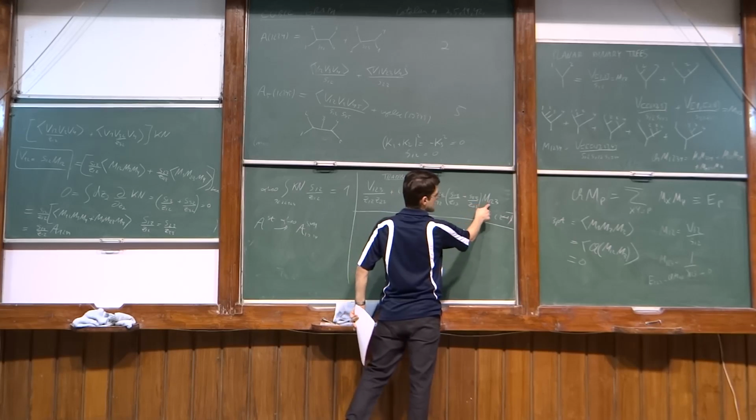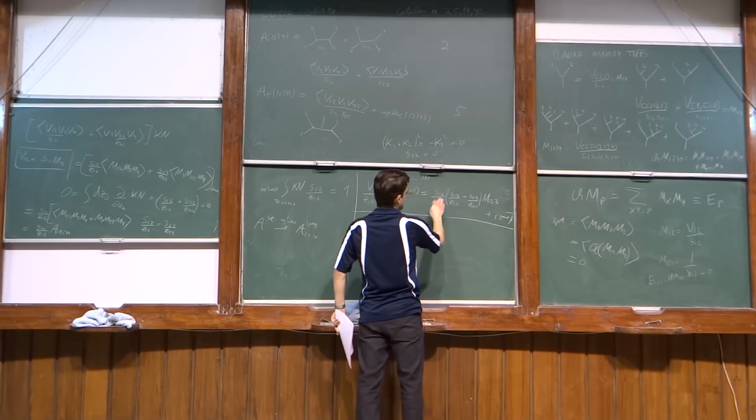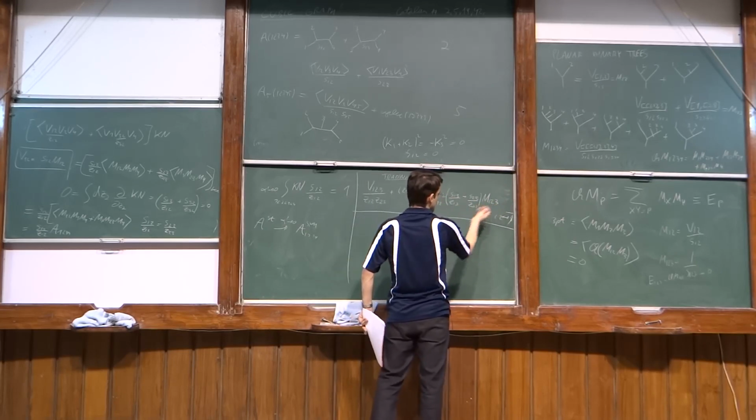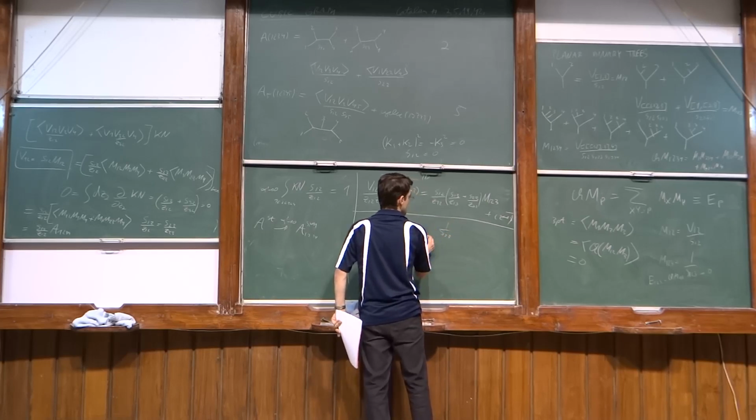Because just plug the expression for M1 to 3 there, and then you see there will be poles there, like 1 over S1, 2, 3, and S2, 3.